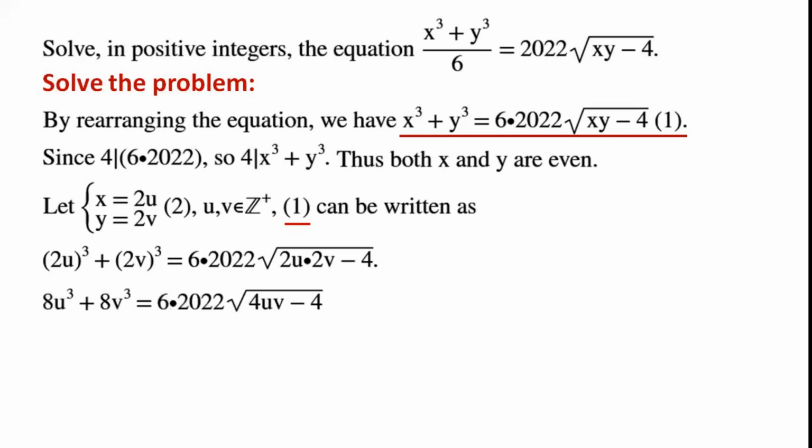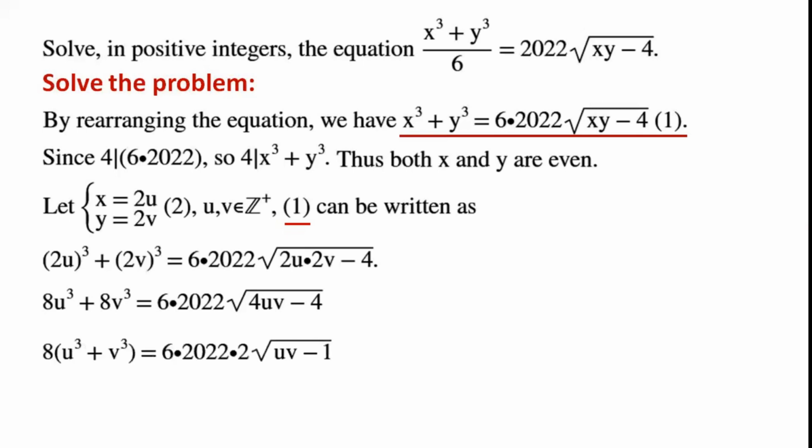By simplifying the equation, we have 8u cubed plus 8v cubed equals 6 times 2022 times root of 4uv minus 4.